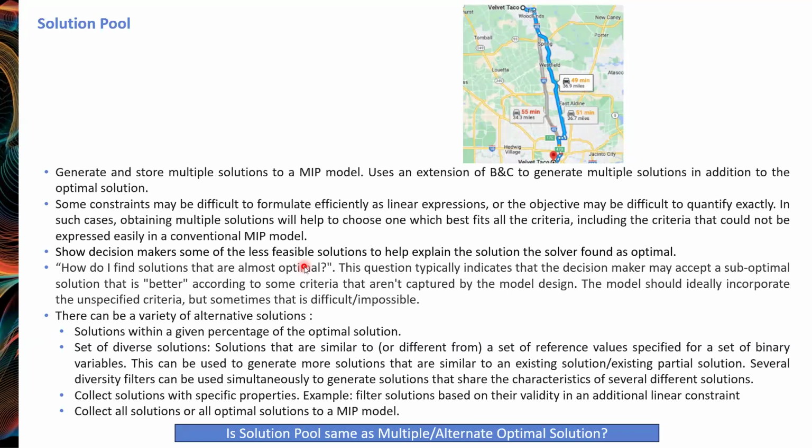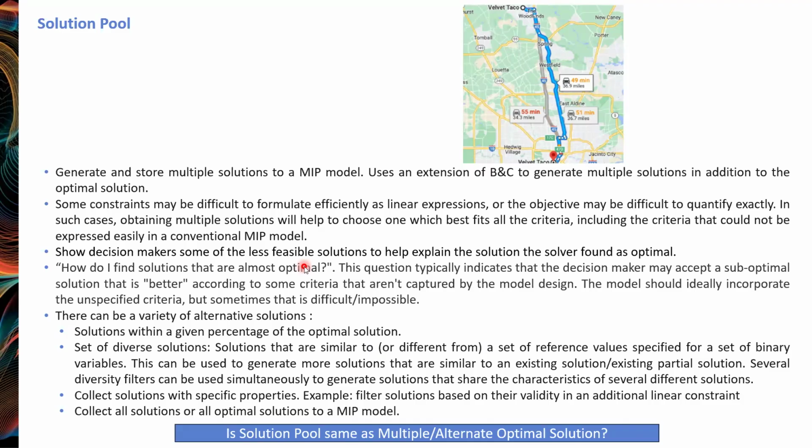So this kind of solution pool helps the user to accept a suboptimal solution which is better according to some criteria, but is not captured by the model design. So the model should ideally incorporate those unspecified criteria, but sometimes it is difficult to do that.